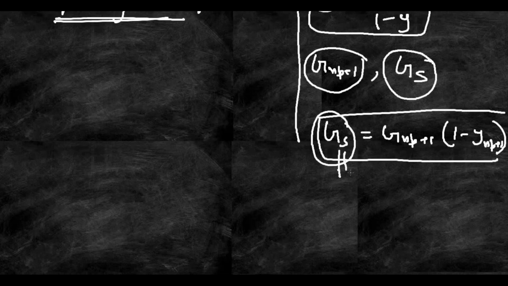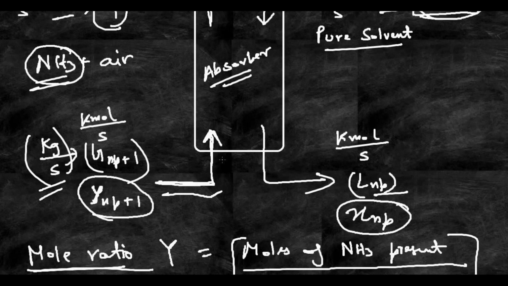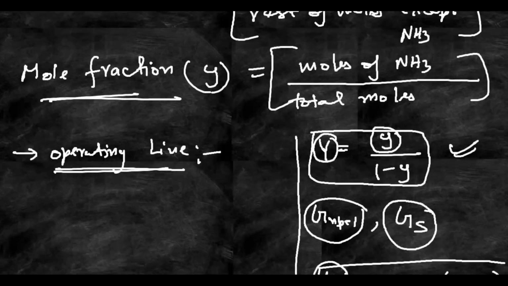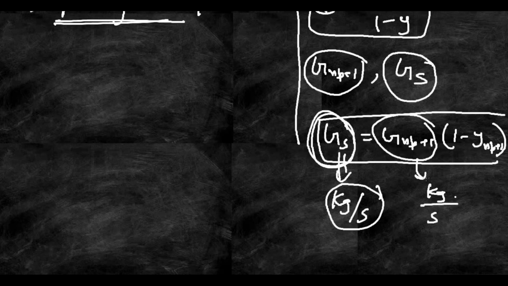This Gs is the kg per second of air entering from the bottom, where no ammonia is present. No ammonia is present in this Gs calculation, while the G(NP+1) contains both ammonia and air. This G(NP+1) is also in kg per second, or it may be in kilomoles per second, doesn't matter.